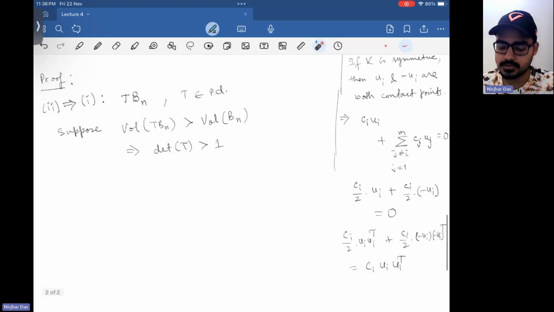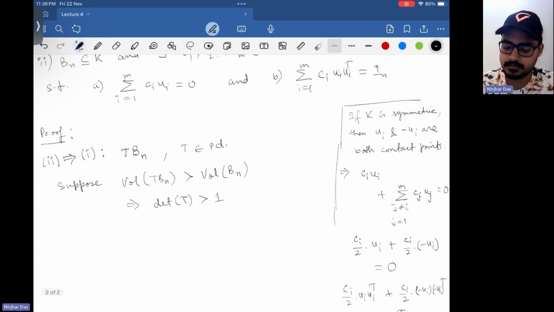Like you can show with some small argument that essentially say your body is like this and this is your origin. So you can show that if an ellipsoid has the center somewhere other than the origin, that cannot have the maximum volume.